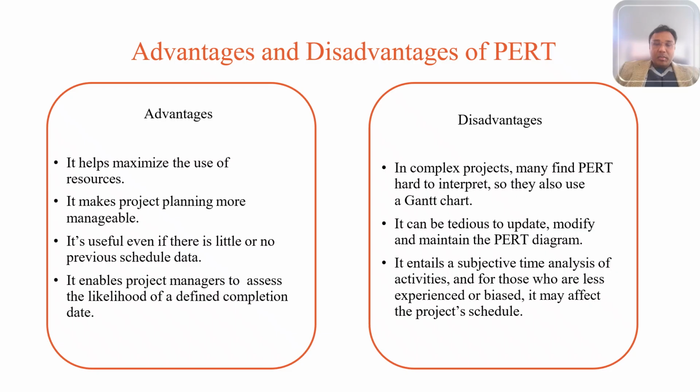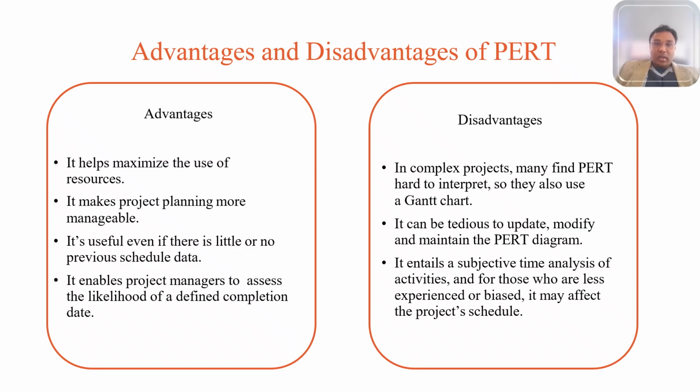Okay, before going into PERT, let's see the advantages and disadvantages of the PERT technique. The advantages are it helps maximize resource usage. It makes planning manageable even when historical data is limited or unavailable. It enables managers to assess the likelihood of meeting deadlines.